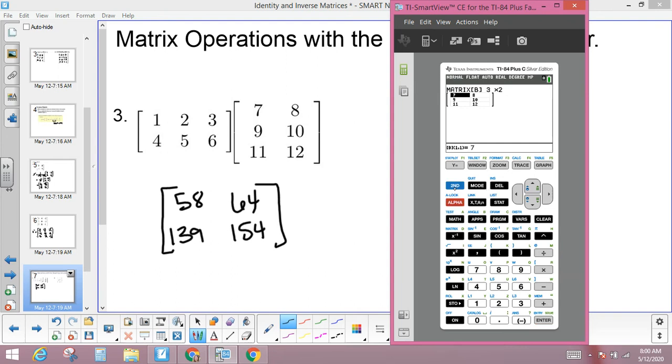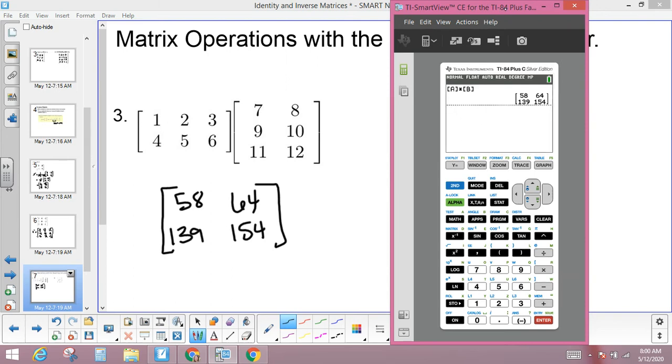All right, second quit to make that go away and save. And then we go back to matrix, and this time we're going to use them. So we stay on names and we say I want number 1, matrix A, times, and then back to matrix and tell it to do B, and then it gives you your answer.